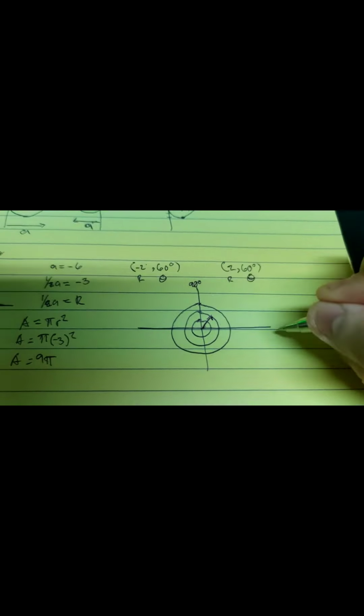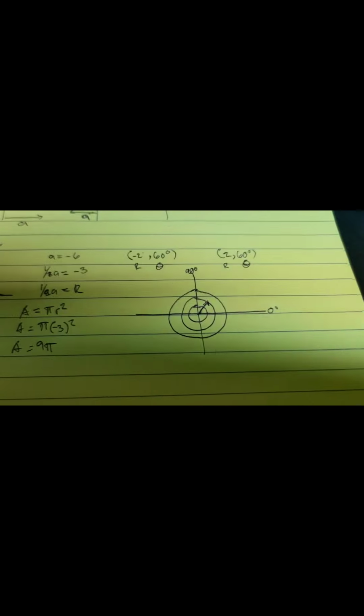This will be our 90 degree angle, 0 degree angle, 270 degree angle, and 180 degree angle. So this -2 at 60 degrees is just 240 degrees. Why 240? Because we just add 180 degrees.